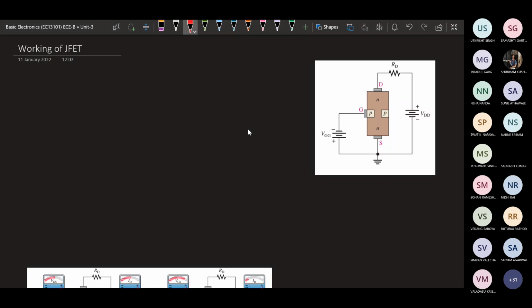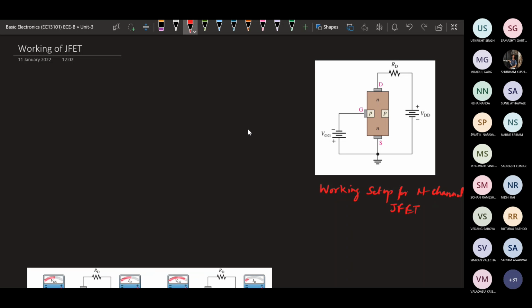So this is the working setup for an N-channel JFET. Here we will be providing a negative gate voltage to the gate.